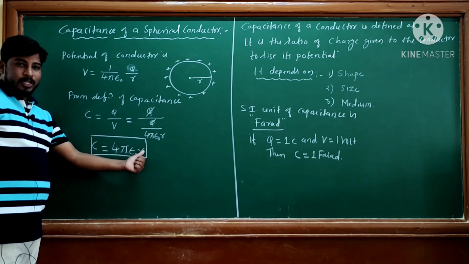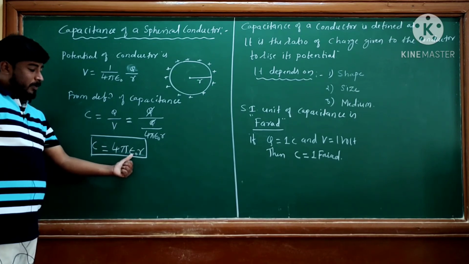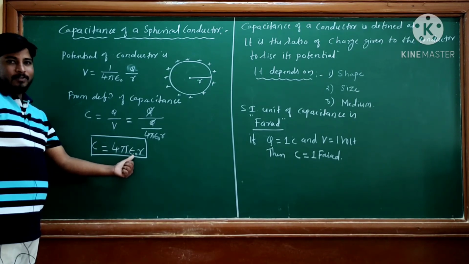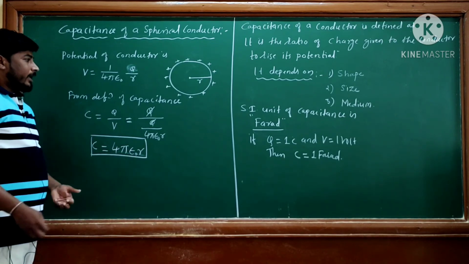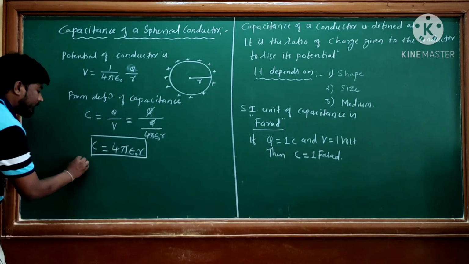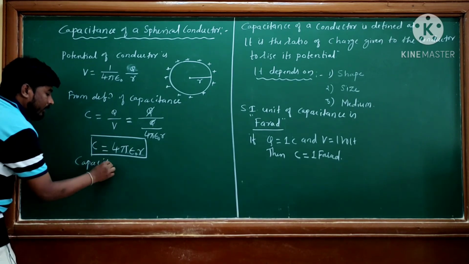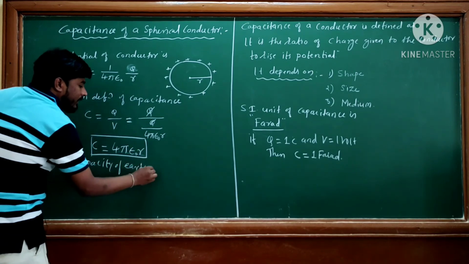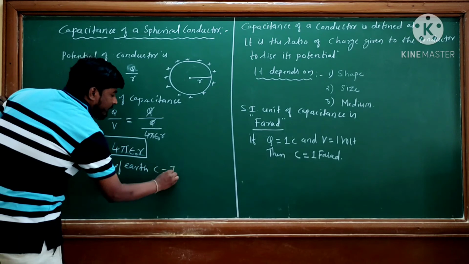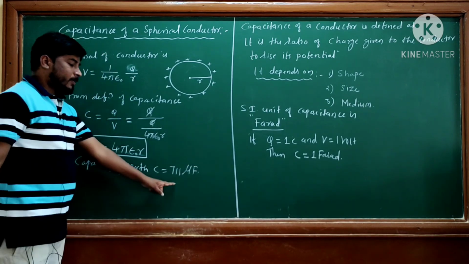If I substitute here the value of R and the constant, that is permittivity 8.854 into 10 to the power minus 12, after calculating we get the capacity of the earth, approximately C is equal to 711 microfarad.